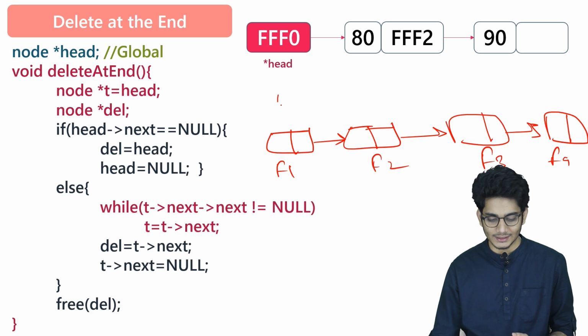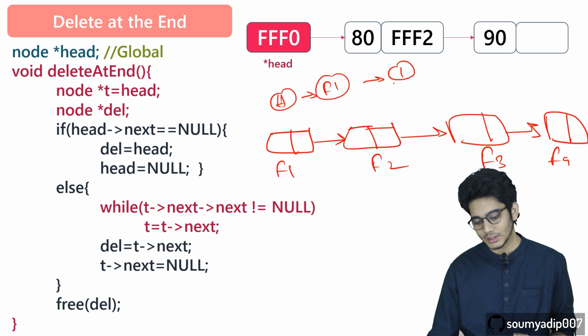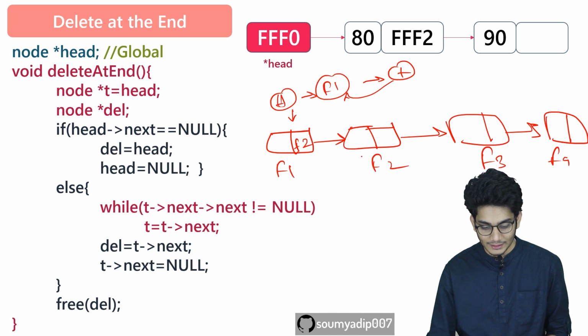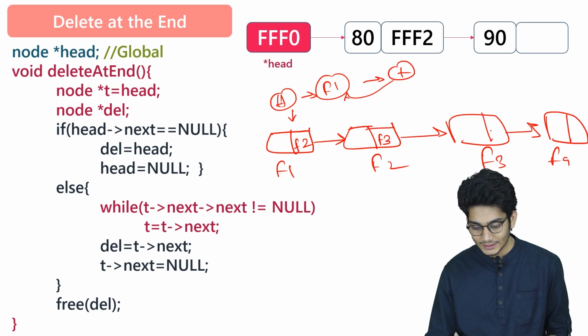Now what does head contain? Head will contain f1, and t will be pointing to the same node. So head is pointing here. What does f1 contain? It contains f2. What does f2 contain? It contains f3. What does f3 contain? It contains f4. This is the address of this node. And what does f4 contain? It contains null.